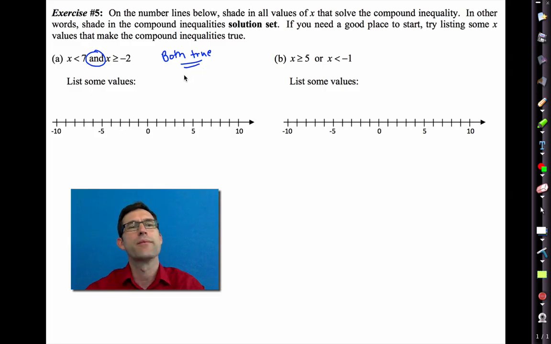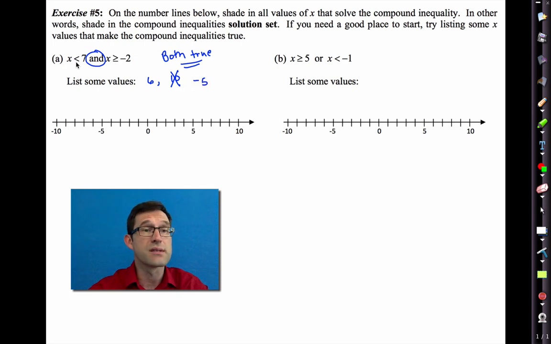All right, very important. Well, let's see. How about x equals 6? 6 is less than 7, and 6 is greater than negative 2. Awesome. How about 10? No, 10 is greater than negative 2, but it's not less than 7. That doesn't work. How about negative 5?